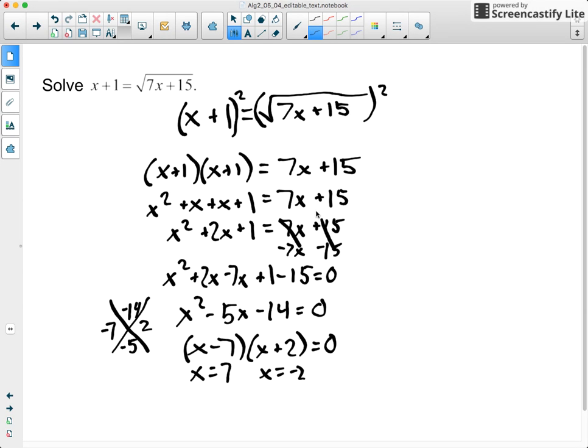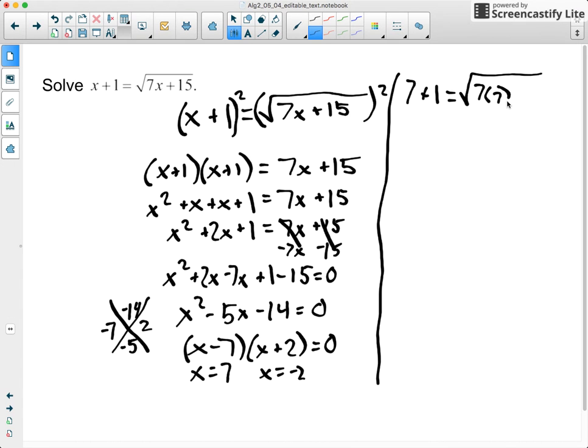So if I replace, I'll just do that over here. So if I take x, or replace x with 7, I get 7 plus 1 equals the square root of 7 times 7 plus 15. 7 plus 1 is 8.